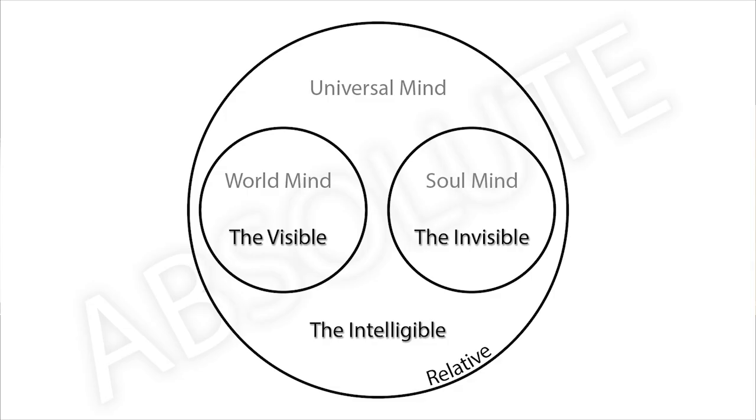One is called world mind, which is the visible, everything you see when you open your eyes. The other is soul mind, which is the invisible, which we're going to do in the next video. I just wanted to map that out to give people a frame of, oh yeah, cool, I know where we're at. Yeah, the way I think of it is you've got this big circle and then we're detailing the left smaller circle inside of that big circle. Yeah, that's right.